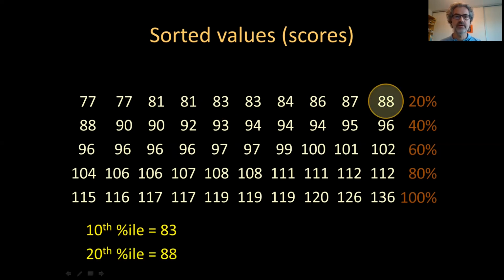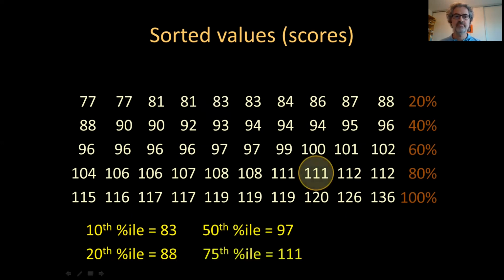In the same way, we define the 20th percentile to be the value that is at the 20% point, so it's 88. The 50th percentile is the value in the middle, so it's 97. That's also the median in this set.